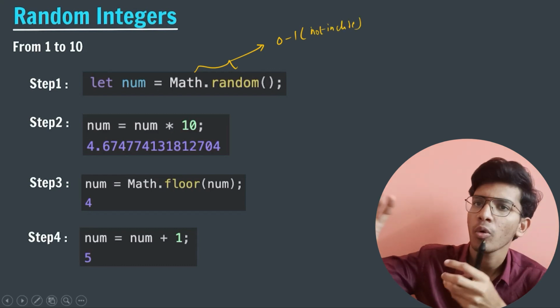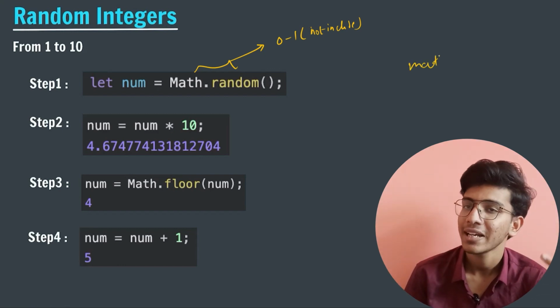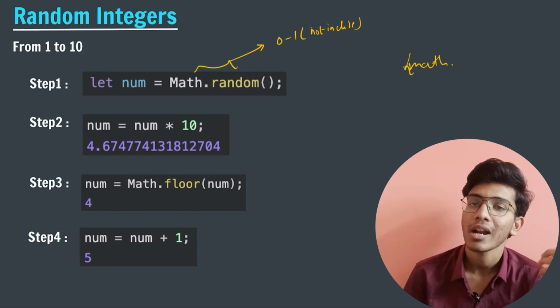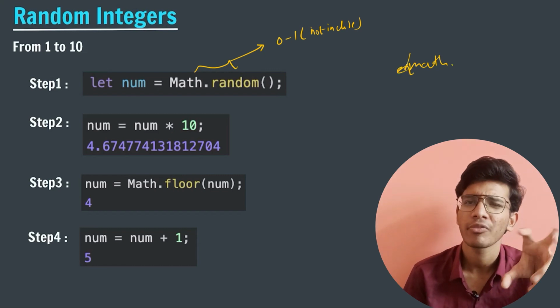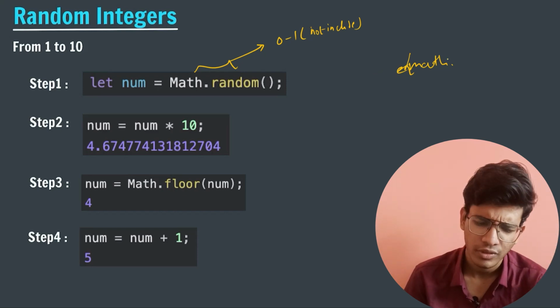Let's say that I'm printing Math.random 10 times. The Math.random function will generate a random number. Let's say I'm writing this five times.